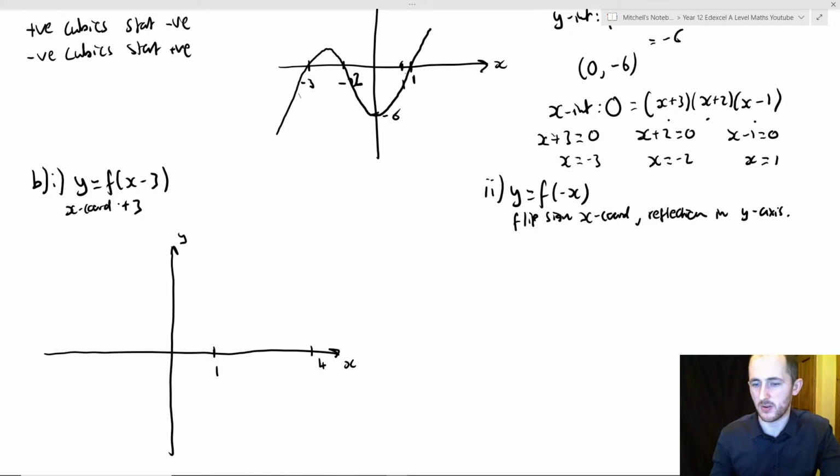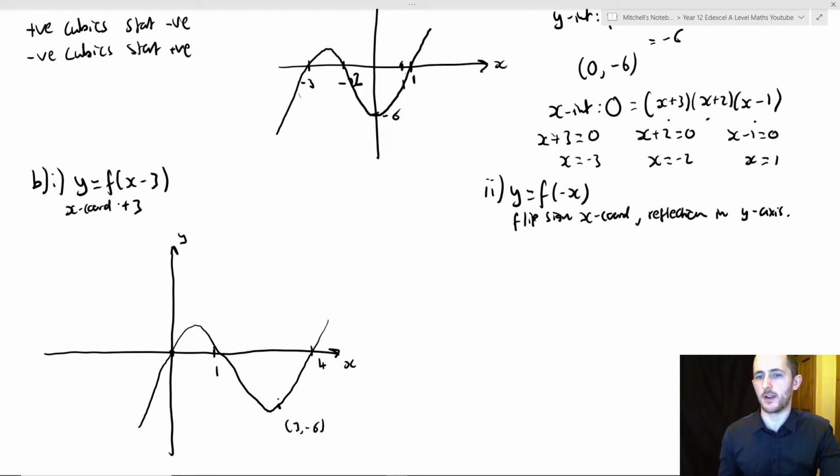I've made this quite long. And that one is going to be 0. Now what you can do is put the minus 6 on there too, I should say. So instead of being 0, minus 6, it's actually going to be 3, minus 6, so somewhere over here. You don't need to do this though. And basically it's still a positive cubic, so it's going to come up from the bottom.